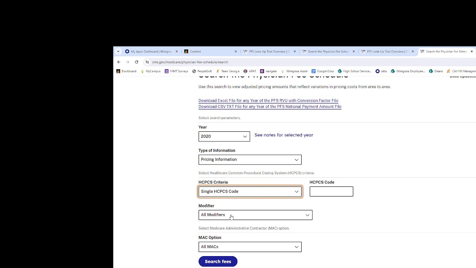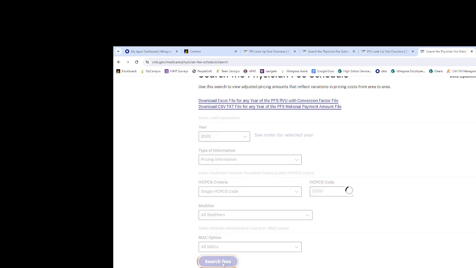All modifiers, all max. And we're going to enter the code here. So I am going to pick one from our table. Well, let's just do the very first one. 12002. Search fees.